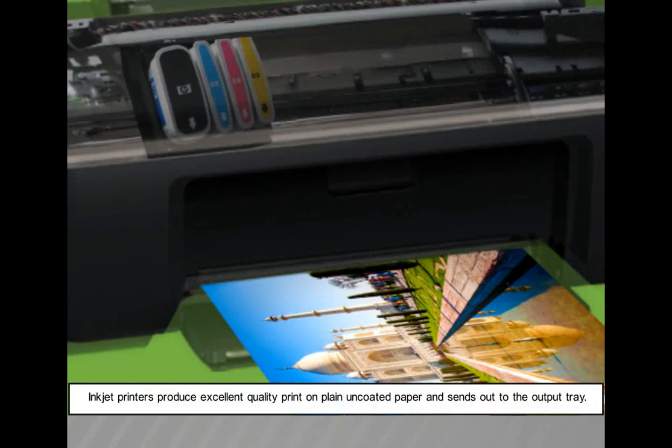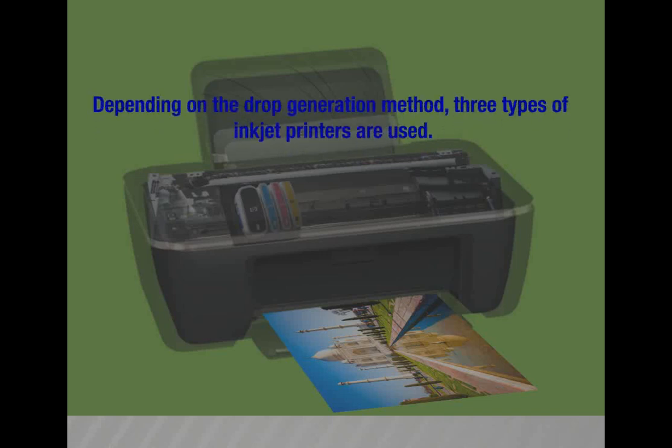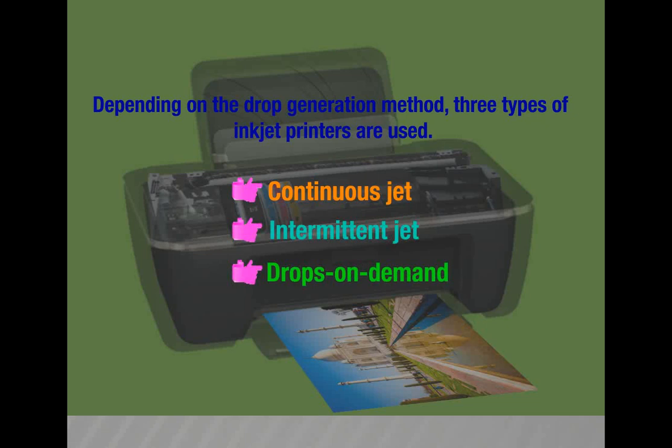Inkjet printers produce excellent quality print on plain uncoated paper and send it out to the output tray. Depending on the drop generation method, three types of inkjet printers are used: continuous jet, intermittent jet, drops on demand.